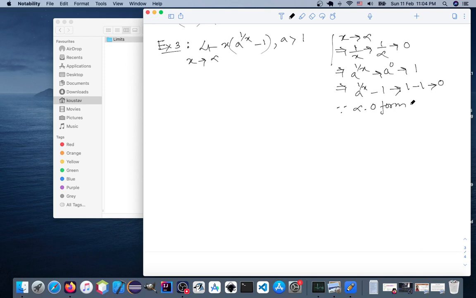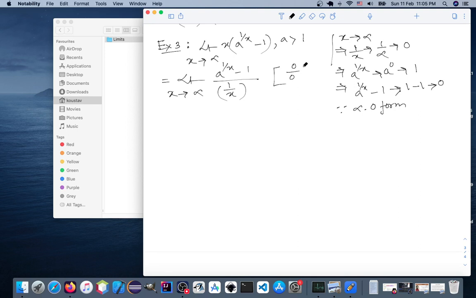We see that kind of scenario here. So let's transform this. We would like to bring the x down, so this is (a to the power 1 by x minus 1) divided by 1 by x.